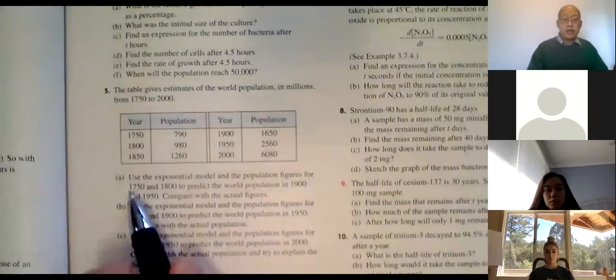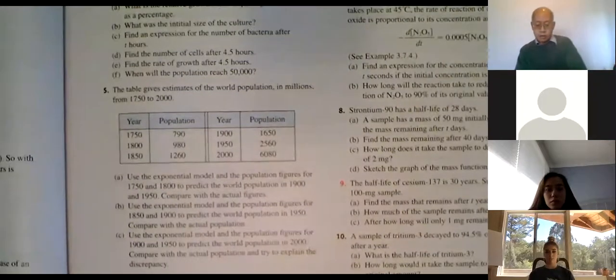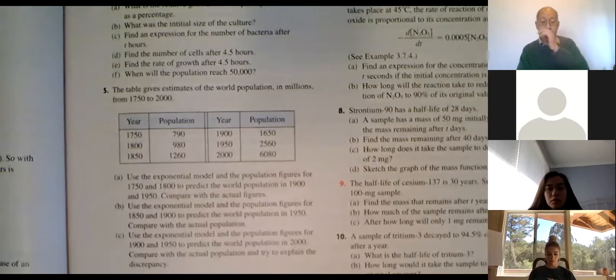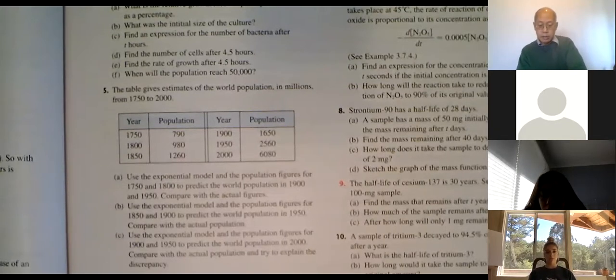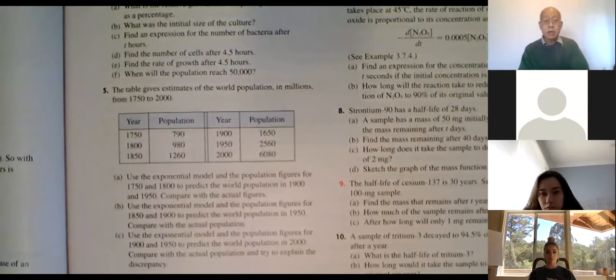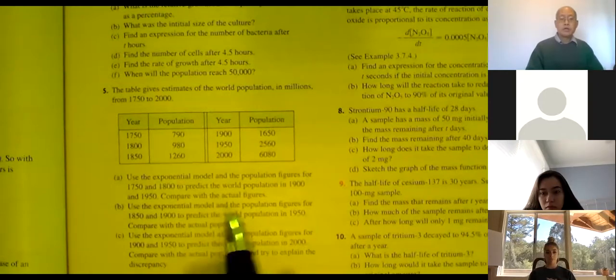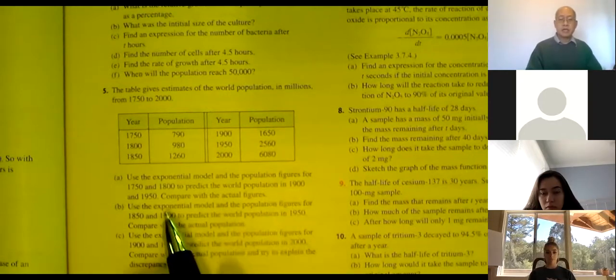For part A, they want 1750 and 1800. So the year 1750, the population was 790 million. And then 1800, 980 million. And use that to predict the world population in 1900 and 1950.